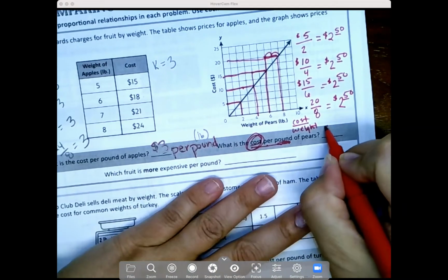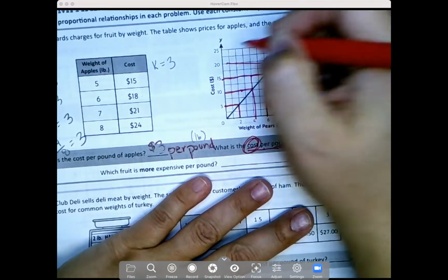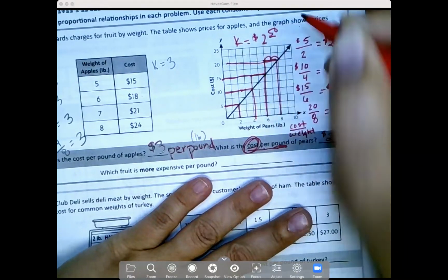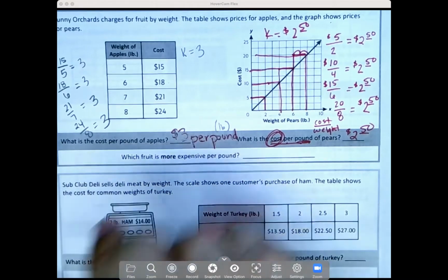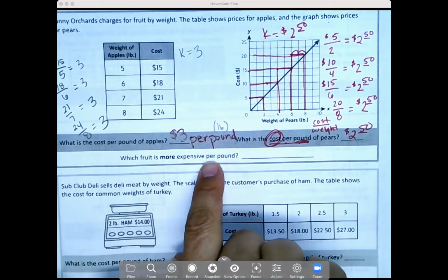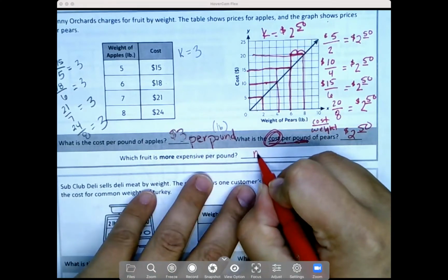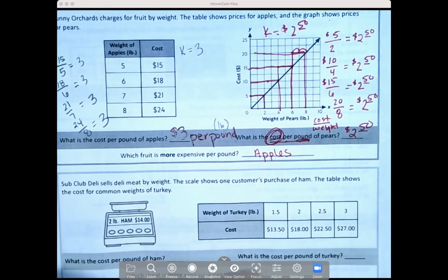Okay. So my constant of proportionality is $2.50. So which fruit then is more expensive per pound? Well, the one that's more expensive is going to be the apples because it costs $3.